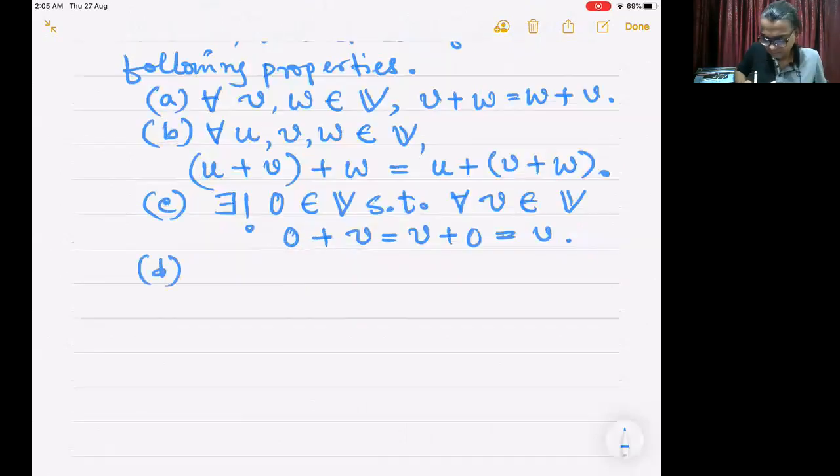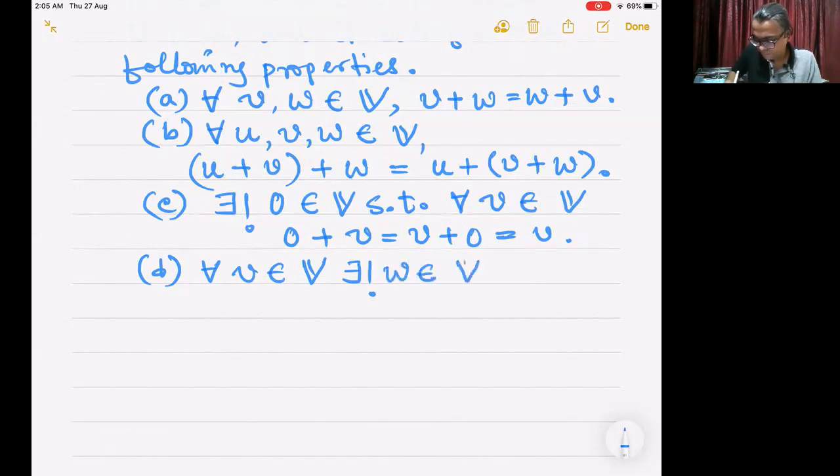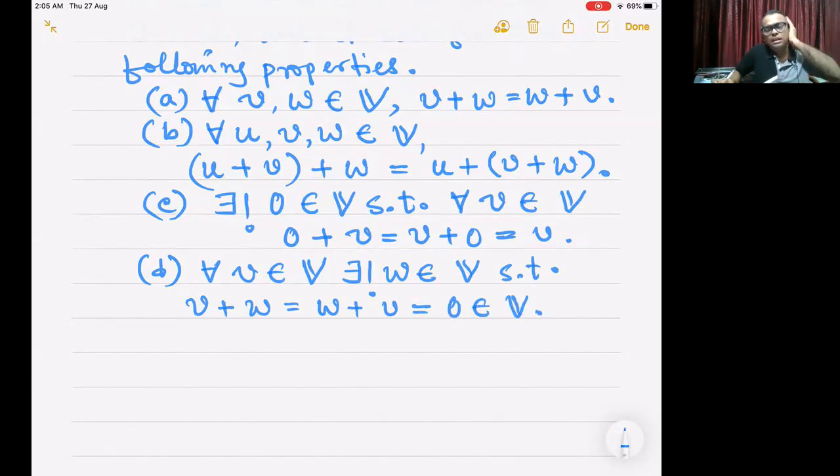Number D is, for all v in V, there exists a unique w in V, although we don't have to say that this is unique, it will follow, but let's assume that it's unique, such that v plus w equals w plus v equals 0 in V. This w will be called the additive inverse of v.